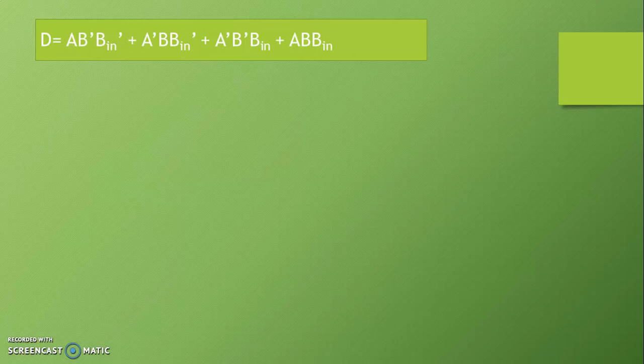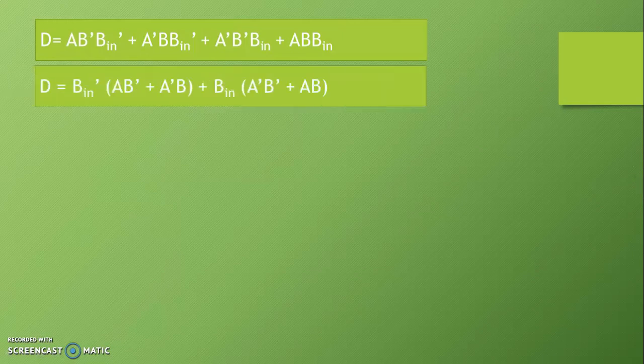Now we have possibility to simplify this Boolean function which we have written based on the truth table. Suppose from the first and second term, if we take B in bar common, then we have A B bar plus A bar B. Same way from the third and fourth term, if we take B in common, then we have A bar B bar plus A B.